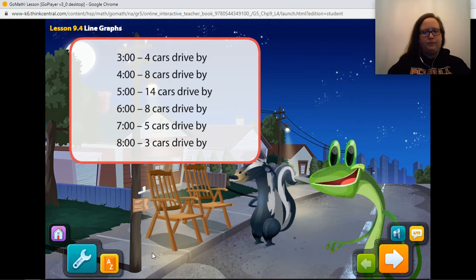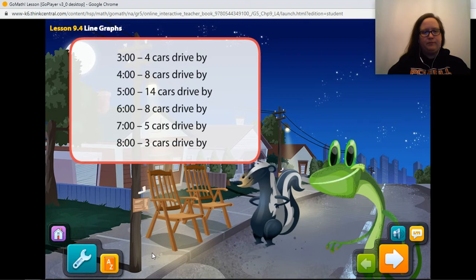We'd love to create a line graph to display and analyze the data. What can we learn about the local traffic from a graph? Come on, let's find out.